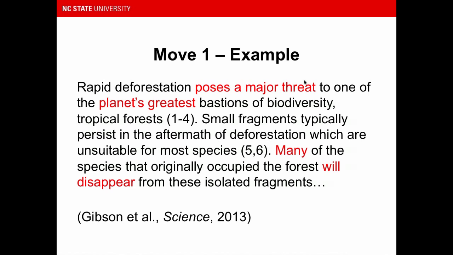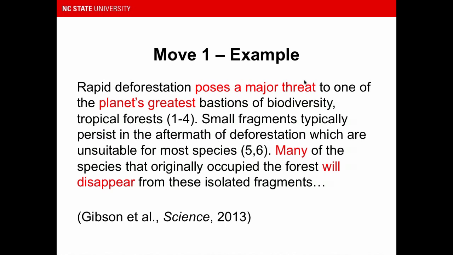I do want to point out these words in red. What they're highlighting is a continued element of significance. As they're citing the literature, their literature connects to what they have established as being significant about this topic. They've talked about how deforestation poses a threat to one of the greatest things about our planet, and that some species will die because of deforestation.